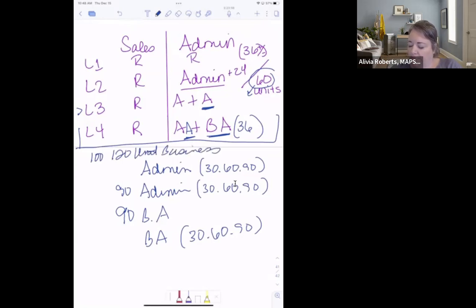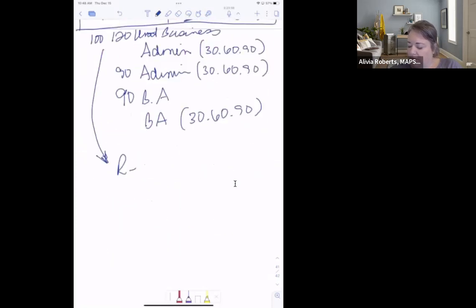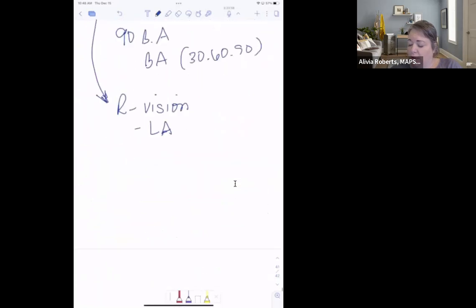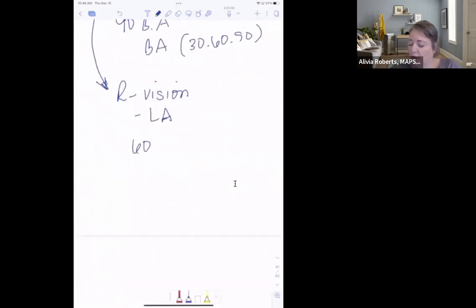And so now the rainmaker, their job is vision, and they're the listing agent. They're looking to do 60 closings over here, and your buyer's agent, 60.